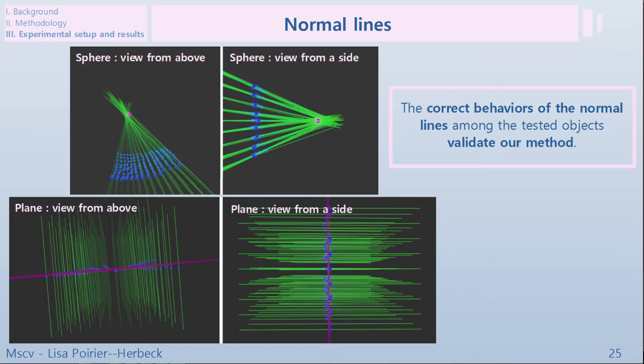For example, for the sphere object, we can see that they all meet in the center of the sphere, which is here represented as a pink point. And for the plane object, which is here represented as a pink line, we can see that the normal lines are all parallel to the mirror, which is very coherent since the mirror is a plane object.